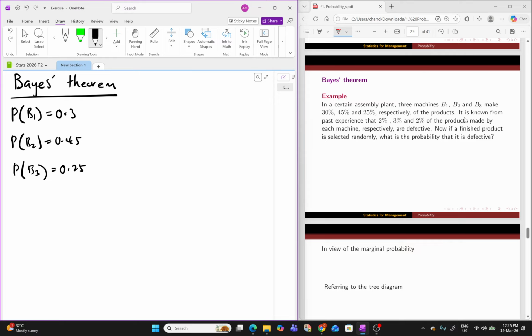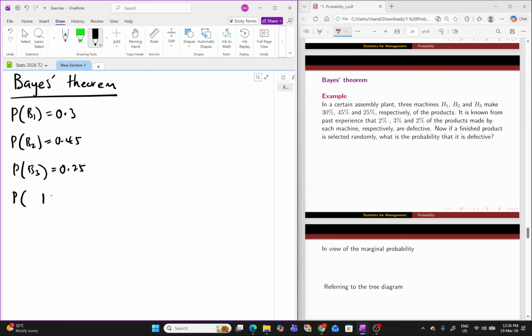It is known from past experience that 2%, 3%, 2% of the product made by each machine respectively are defective.